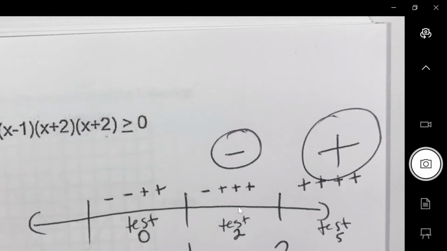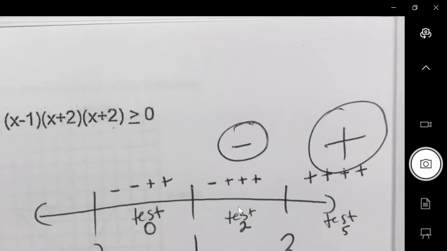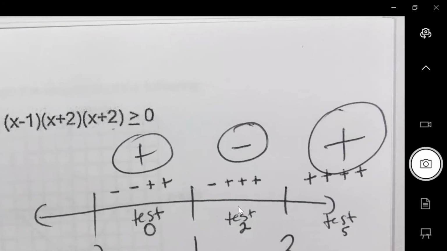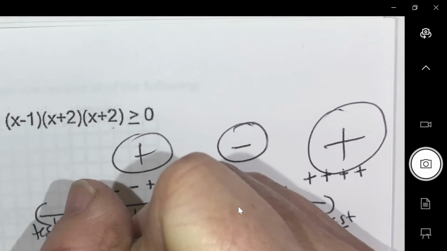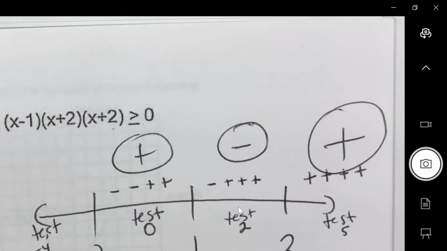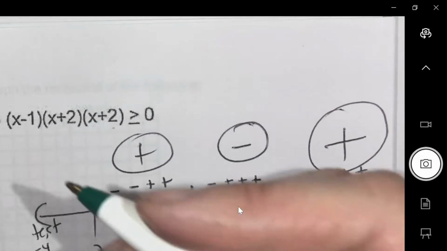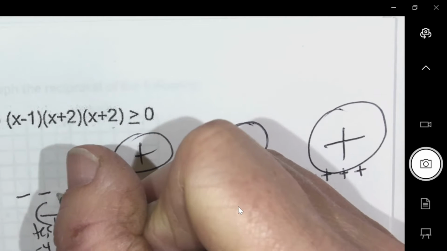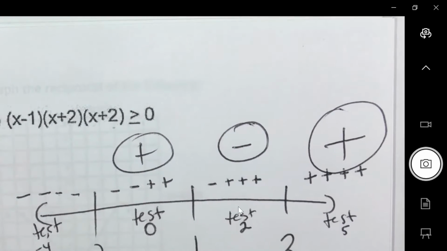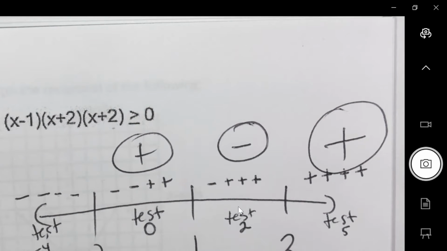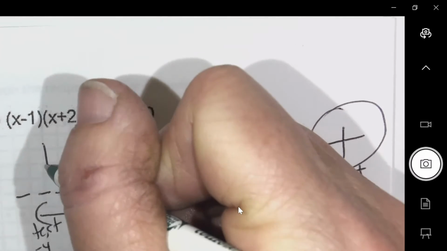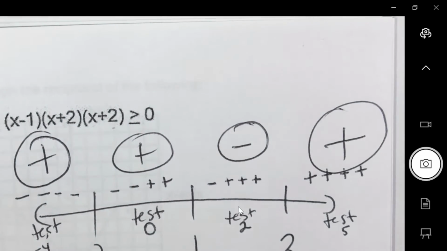So I'm just looking at the numbers. -3, -1. So 2 negatives make positive. And the last zone, I'm going to test -4. Negative, negative, negative, negative. 4 negatives make positive. So we had two positives in a row there.